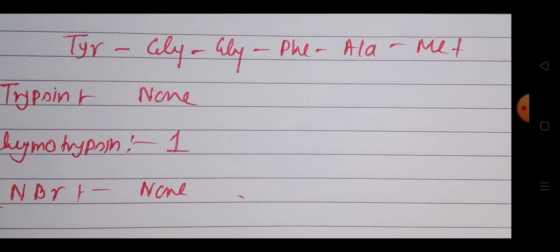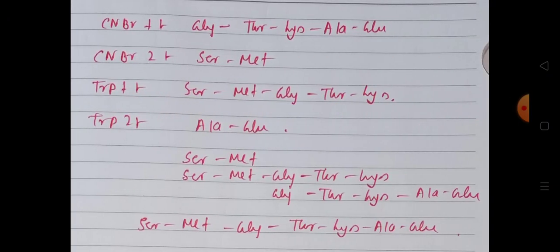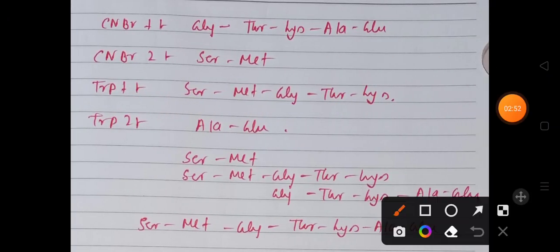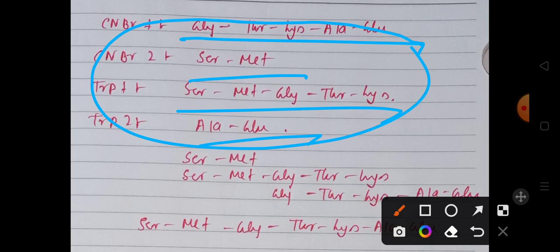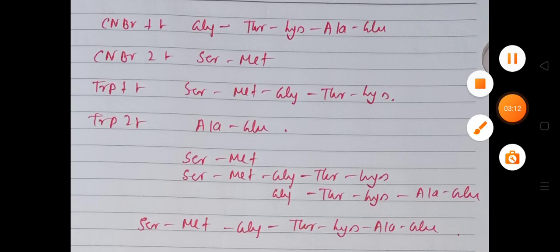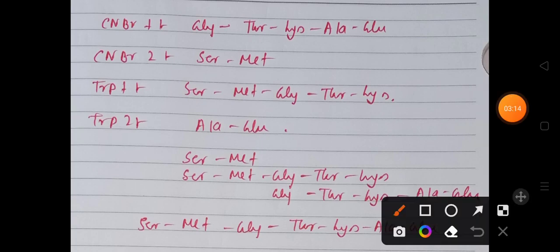And another type of question they may give you: here they will give you some already cleaved peptides and you have to find the main polypeptide sequence. If you remember, we have already done this kind of problem in recombinant DNA technology, right?